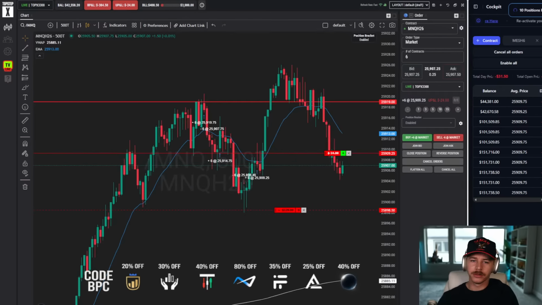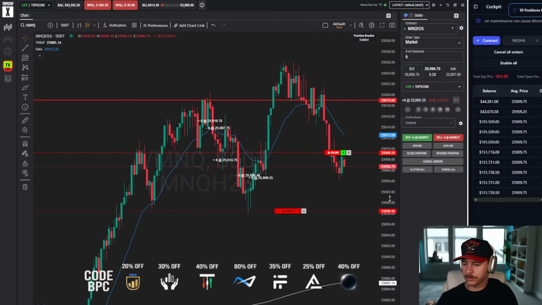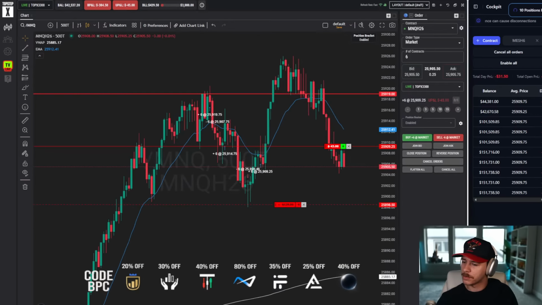I mean, look, I'm only using 6 micros. I'm down 400 real dollars right now. It's not fun for anybody. I don't like the price action moving back into this low at 898.